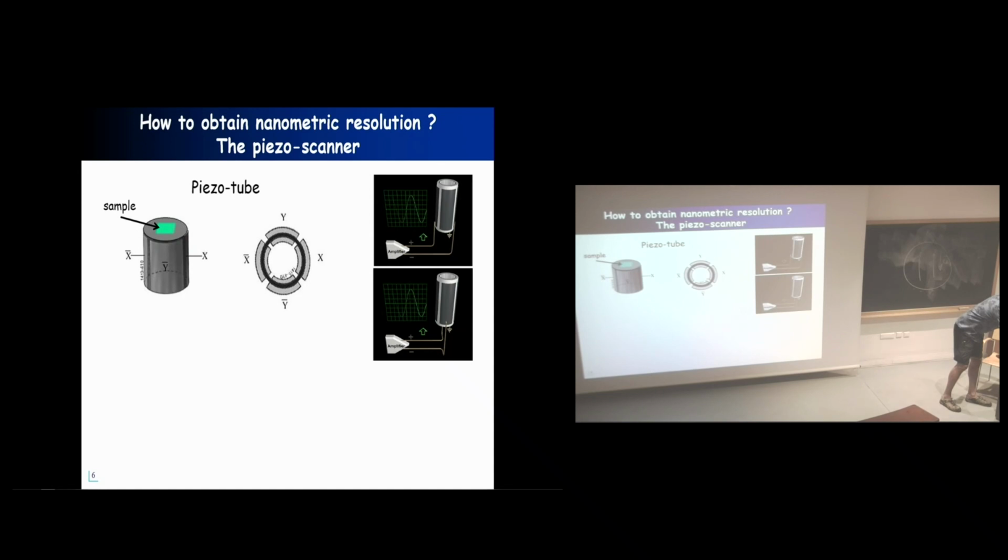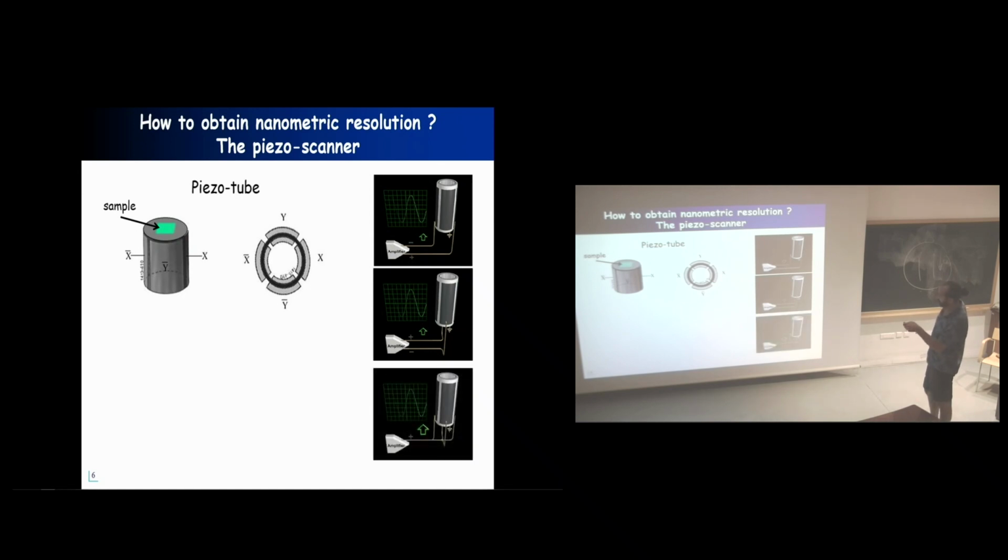So, if you apply a positive voltage here and a negative voltage here, the material is going to expand on this side, shrink on this side, and as you can see here, you scan in the Y direction. The same for the X.